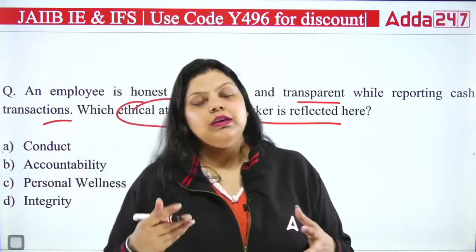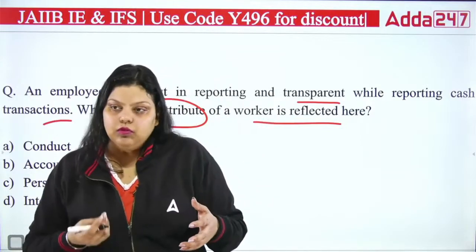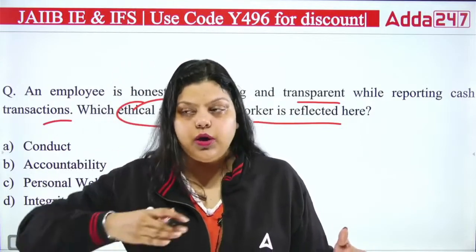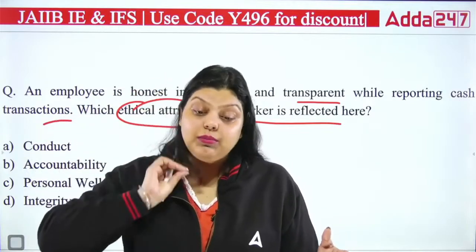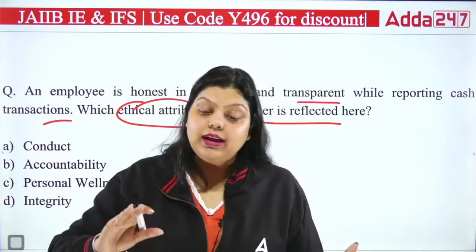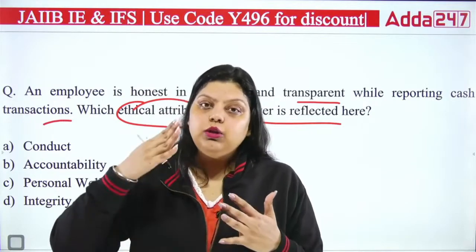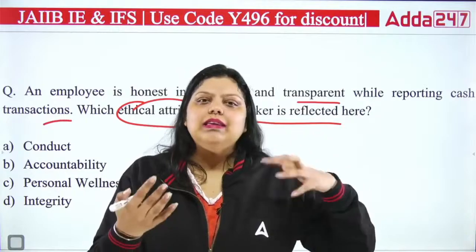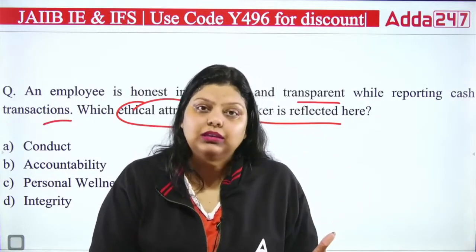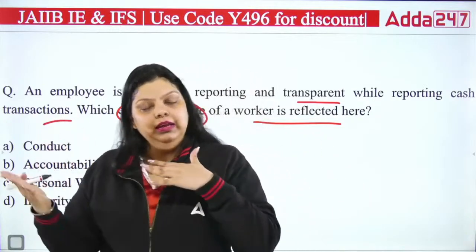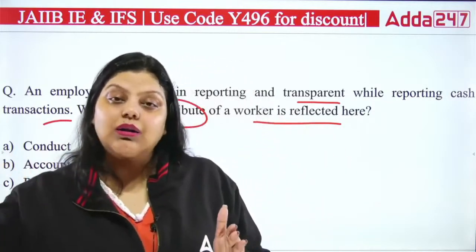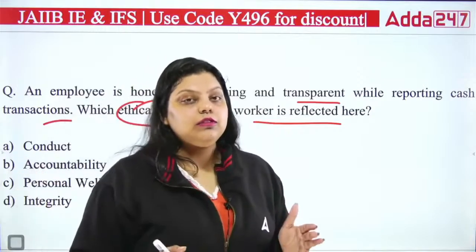So honesty simply means you are working according to the rules. You are not breaking any rule. You are working according to whatever has been told to you, and you are doing the right thing. That's honesty. And when you keep repeating this in your behavior as an institution, not in your personal life but in the institution where you are working, you keep being honest every time, that is your integrity.